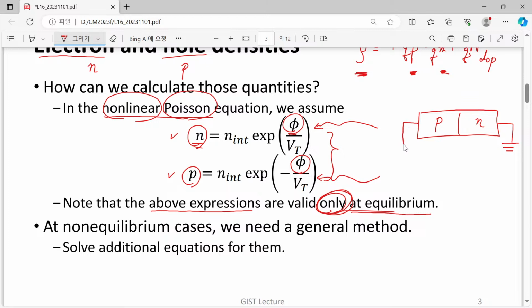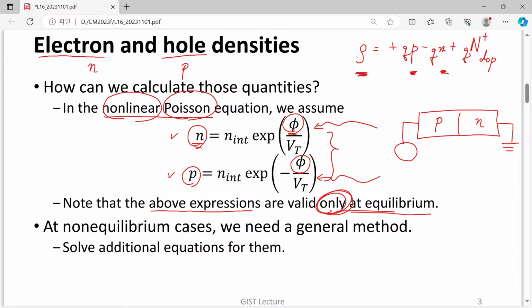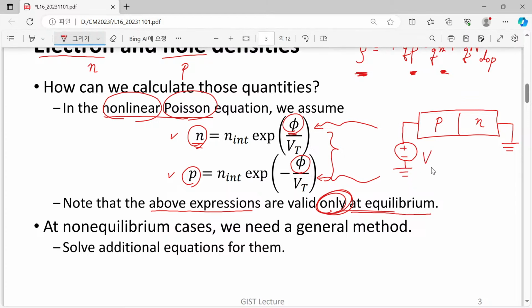Usually, we want to introduce a certain voltage to our anode, and then change the value of this anode voltage. When we have a positive one, we typically call it the forward bias condition.